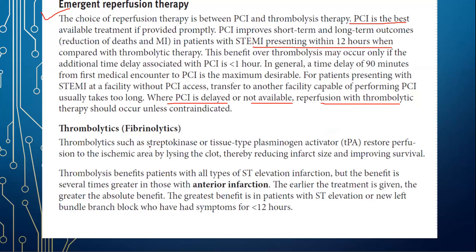Thrombolytics are usually streptokinase, or you can use tissue type plasminogen activator. These usually lyse the clot, and it also improves survival. The greatest benefit of thrombolytics is if the patient presents within 12 hours of onset of symptoms. After 12 hours, we don't go for thrombolytics or PCI.